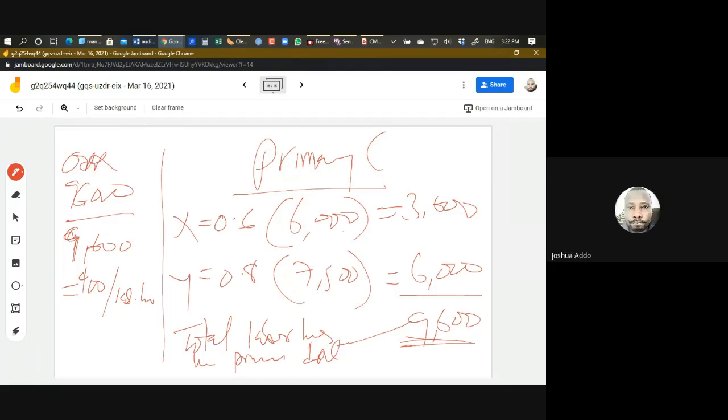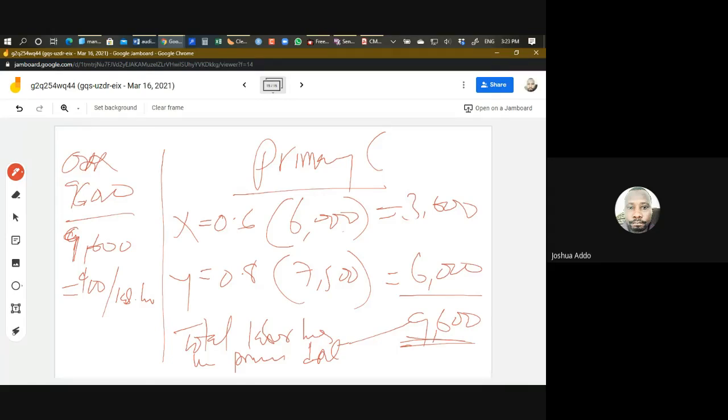Another way that you could have done the same thing is that if 1 labor hour is charged 10 cedis, then let me get the total charge to the total production of X in the primary.